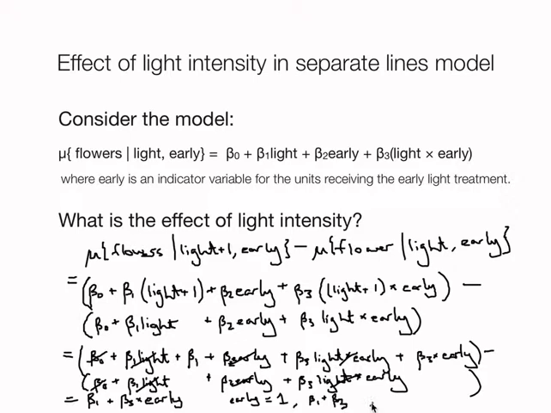If I was talking about units that got the late light treatment, then that early indicator variable would take the value 0, and the effect of the light intensity would just be beta 1, because the beta 3 times early would be beta 3 times 0, which would give me 0. So if I'm talking about units that get the early treatment, I have one effect for light intensity, beta 1 plus beta 3, but if they got the late light treatment, then the effect is beta 1. So there's a different effect depending on whether they got the early or late treatment.